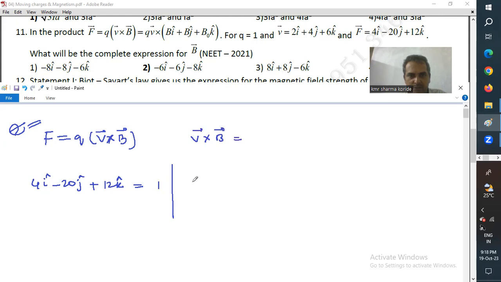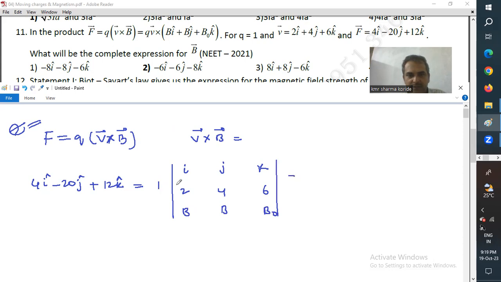So you have to get the result of V cross B like this, with I, J, and K. V is given as 2I cap, 4J cap, 6K cap, and B is B, B, and B naught.